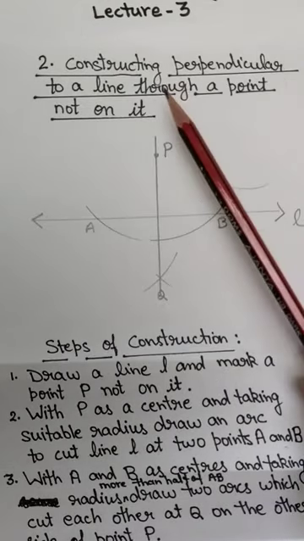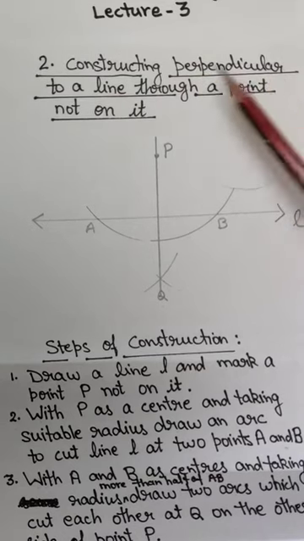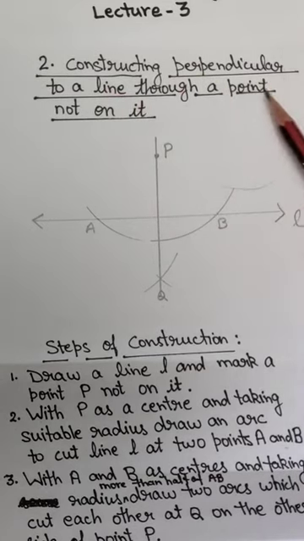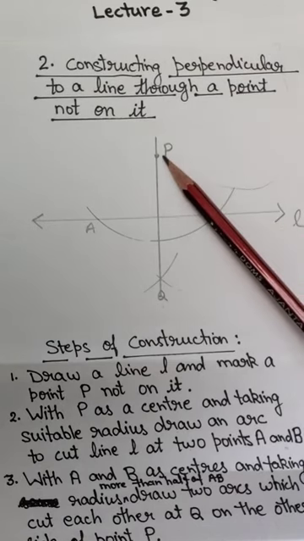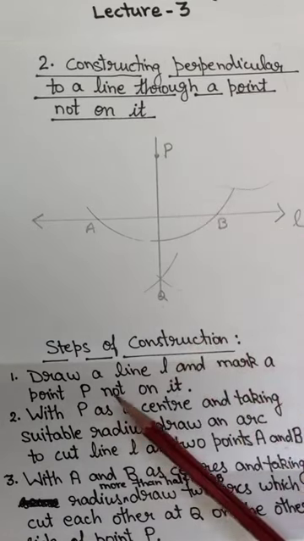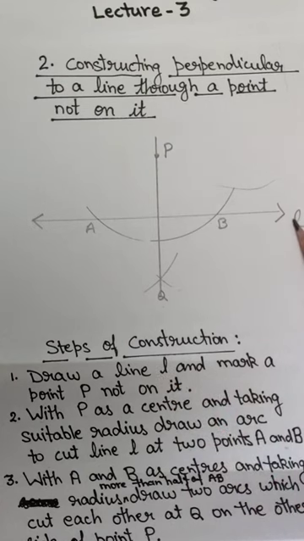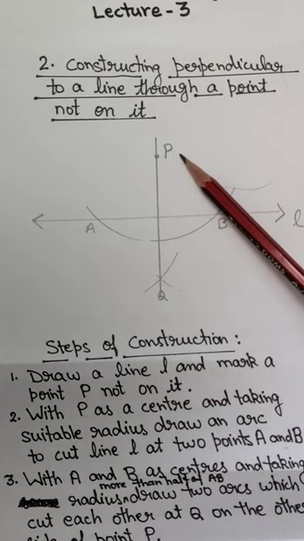After that, we have done how to construct a perpendicular to a line through a point not on it, when the point is given outside the line. Draw a line L, mark a point P which is not on the line.